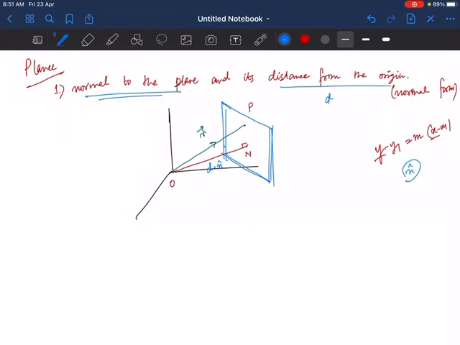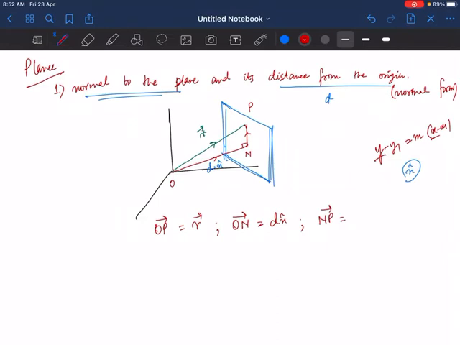Now we can complete this triangle. From O to N we have a vector given by d n cap, and we have NP. Here OP vector is given by r vector, ON vector is given by d n cap, and the next one is NP vector.